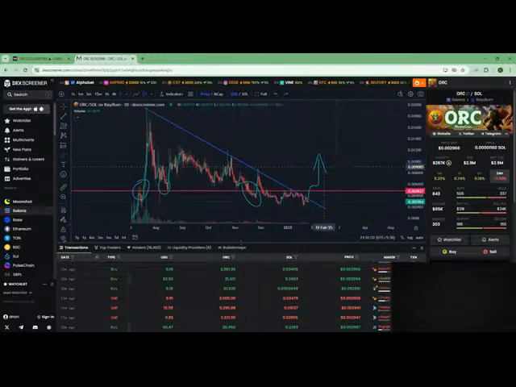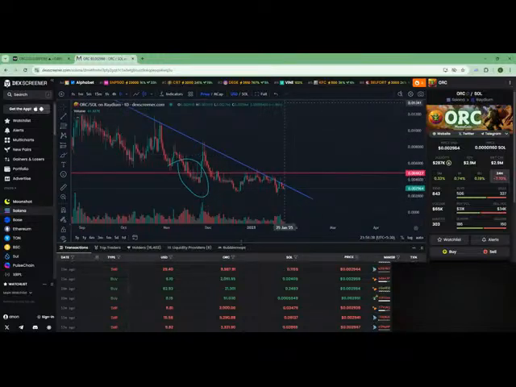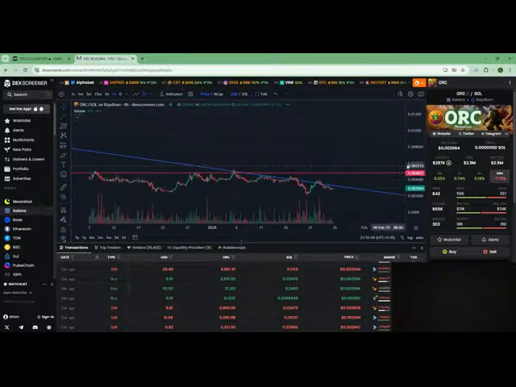Seems like it's going to break in the near future. Don't bet that this will happen, because the market is unpredictable. Go for 1 hour and let's see if any patterns are visible to us.